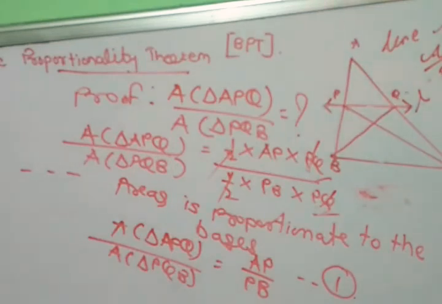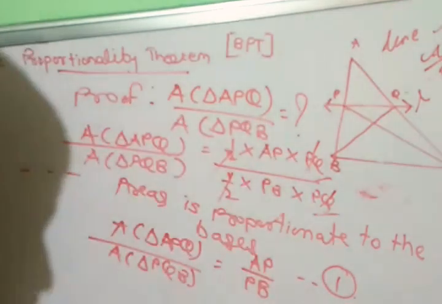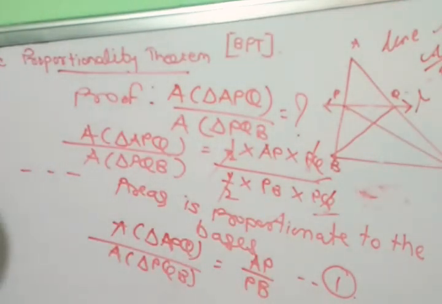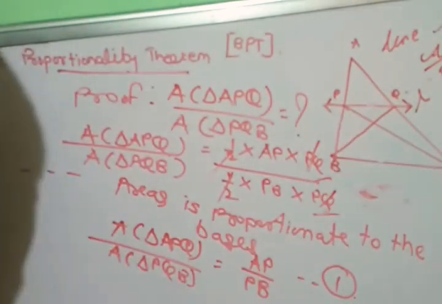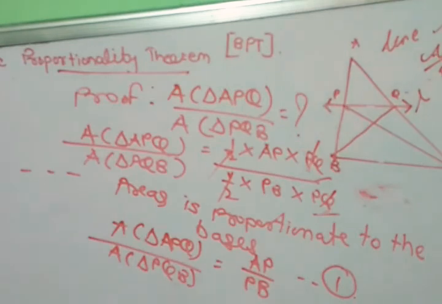Next, we write the third step of this theorem. Before we write the third step, we write this number 1 at the side. Okay, friends, if you do not understand, please write in the comment box, because I will repeat this theorem.